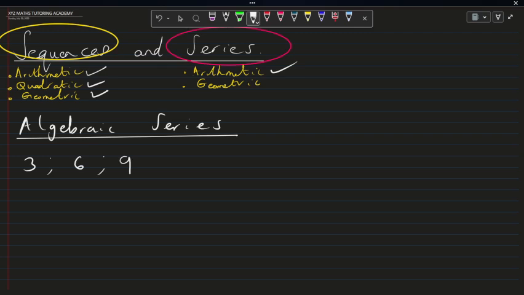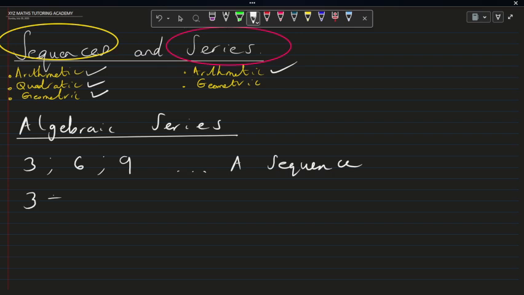We spoke extensively on these kind of situations. By the way, this is an arithmetic sequence, all right? Now, the question becomes, what is the difference between an arithmetic sequence and an arithmetic series?